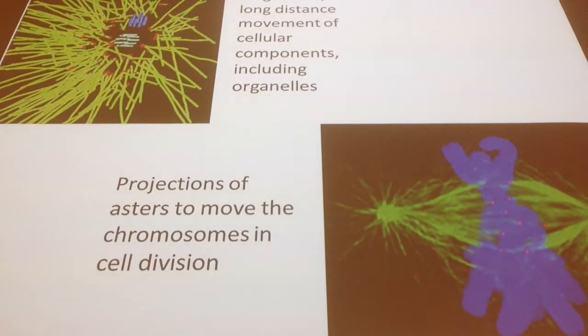So where are microtubules found, and what are some of the functions? Microtubules can, as I showed you, radiate out from the nucleus. So the nucleus is somewhere right here. The cell is a big old cell, and microtubules radiate outward. And you saw that in the very first picture, right?